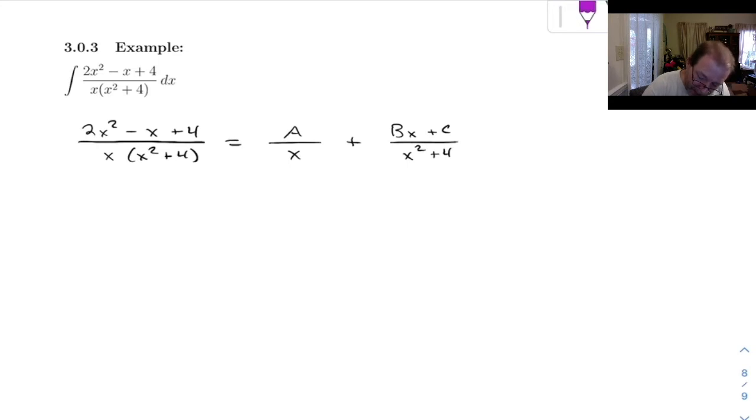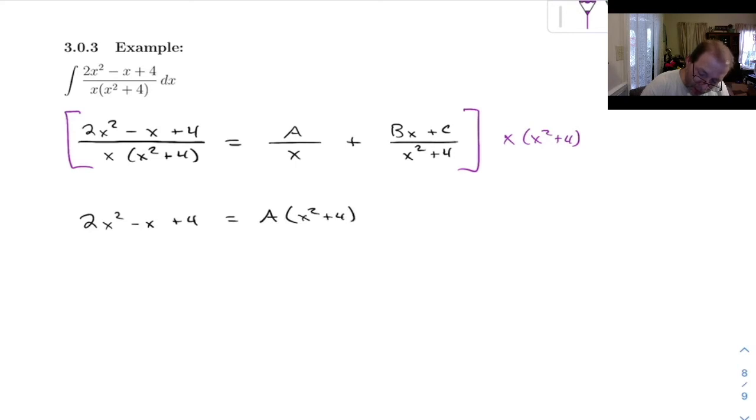All right, let's multiply everything by x and x squared plus 4. And what do we get? We get 2x squared minus x plus 4 equals a times x squared plus 4 plus bx plus c times x. So we've got to solve for a, b, and c.